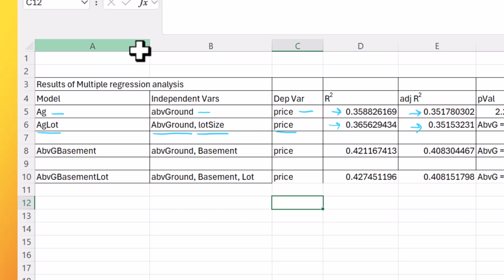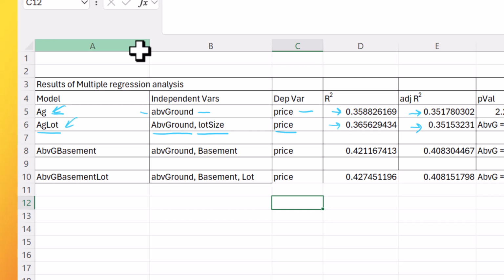But the point is, adjusted R squared considers the complexity of our model. Specifically, it looks at the degrees of freedom. You could also say it looks at simply the number of variables that are in the model. Clearly, a model with one independent variable is simpler than a model with two independent variables.